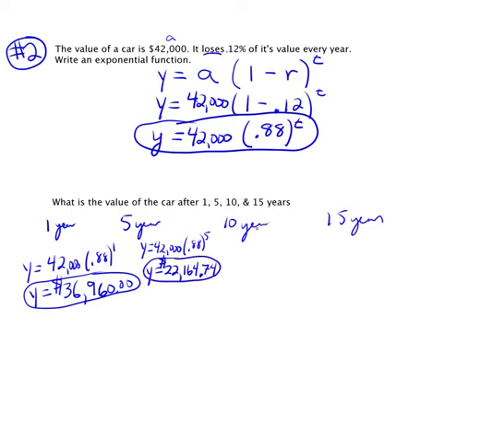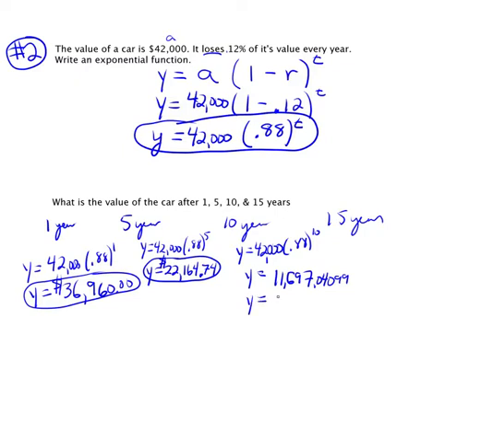After 10 years, our equation would be y equals 42,000 times 0.88 to the 10th power, and that would be, when we type that in the calculator, 0.88 to the power of 10, and then multiply it by the 42,000, we get 11,697.04099 as our decimal.